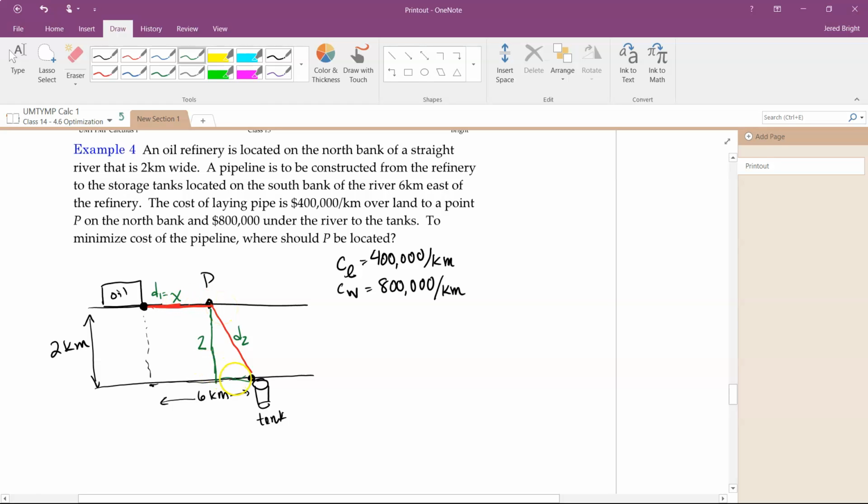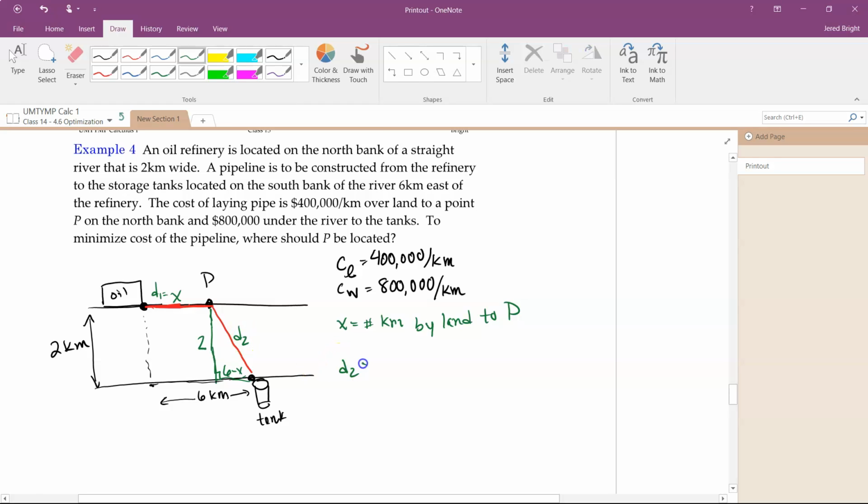So then what is this down here? That would be 6 minus x, because I have 6 kilometers horizontally to go in total. Just so we're clear, I do want to define x. x is the number of kilometers by land to point P. And I can compute D2.